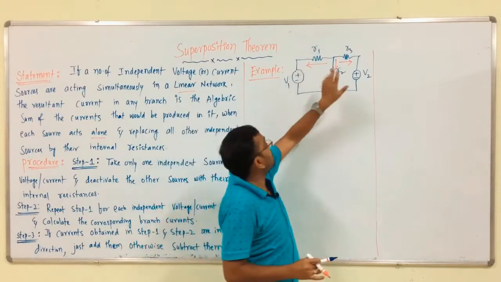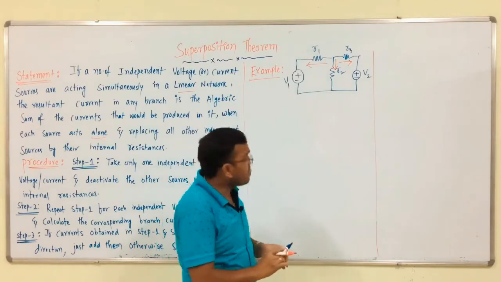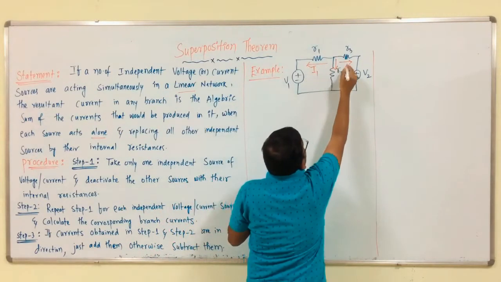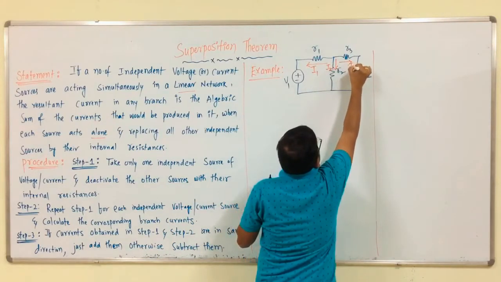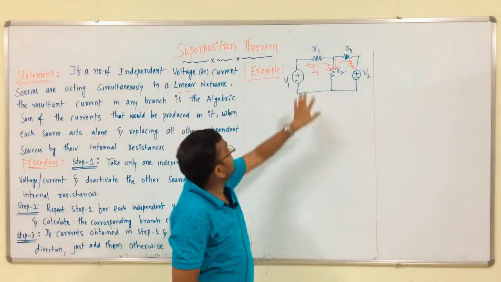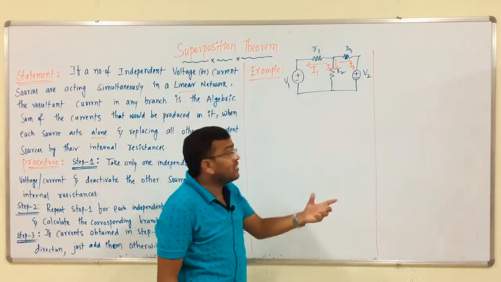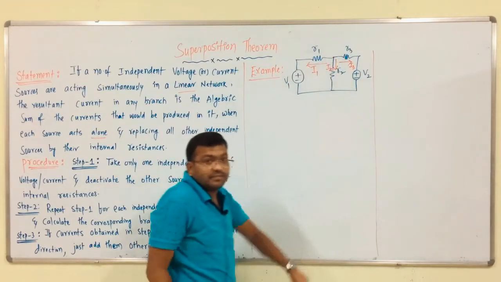That is why I1 plus I2 plus I3 equals 0. This is I1, this is I2 and this is I3. See the directions, all are away from this node.